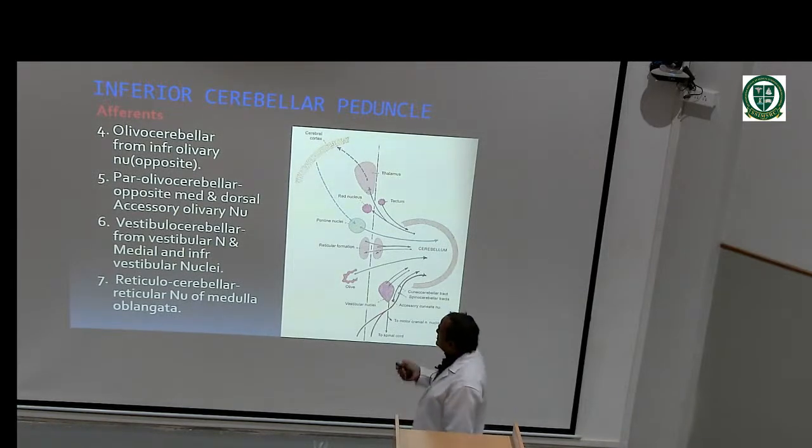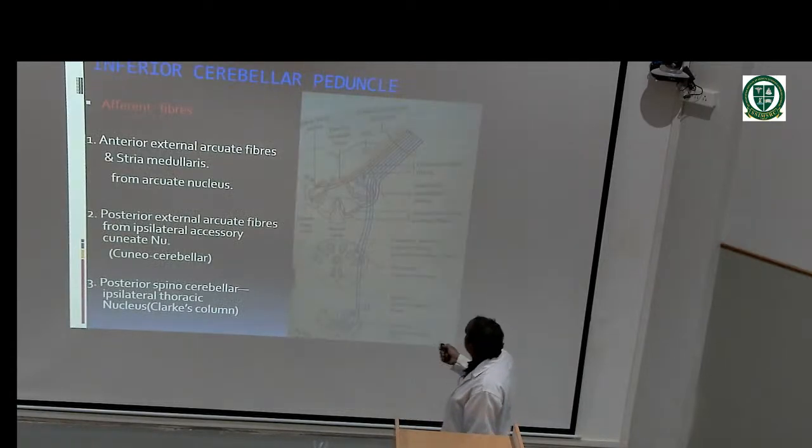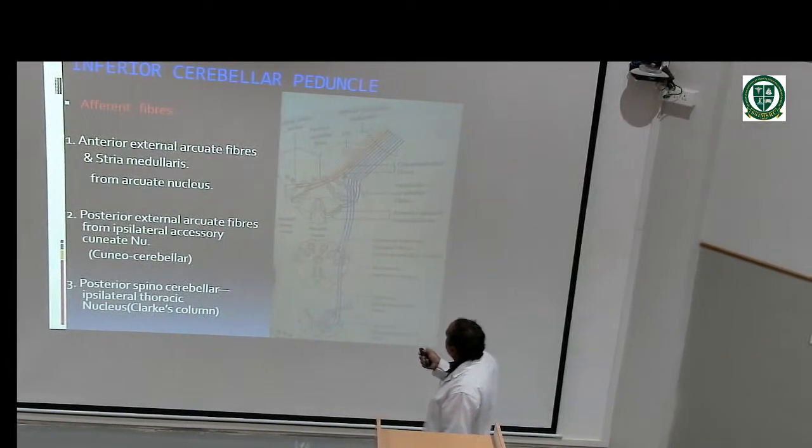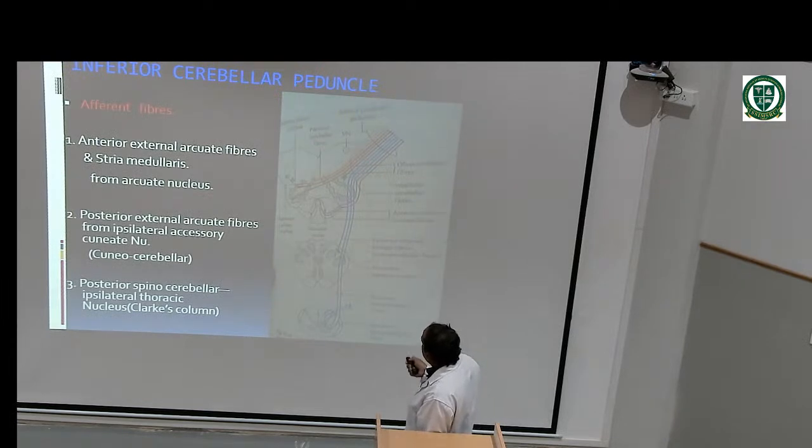So all these are the afferent fibers present in the inferior cerebellar peduncle. In this diagram, I will show you. This is the inferior olivary nucleus. From here, the fibers are arising. These are the olivocerebellar fibers, and this is the accessory olivary nucleus.